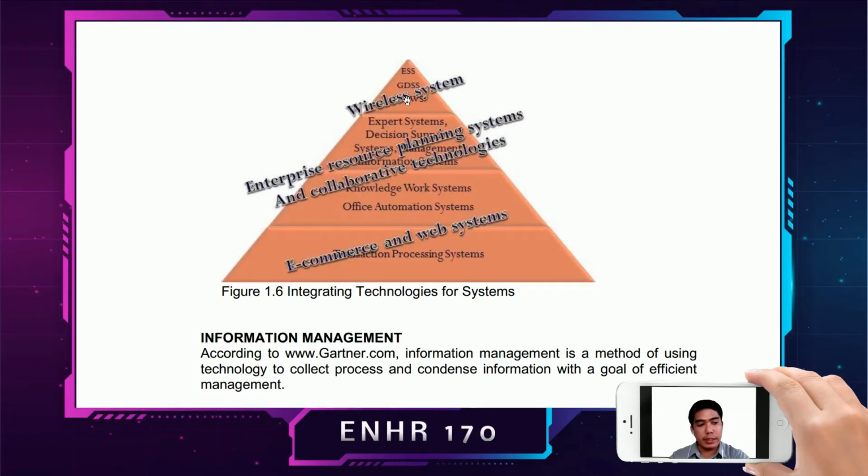Ang kagandahan kasi ng yung tinatawag natin Enterprise Resource Planning System, we want technologies to be integrated in a whole system. Okay. So we wanted to use e-commerce and web systems, enterprise planning system, and collaborative technologies, and also we have to apply wireless systems also.